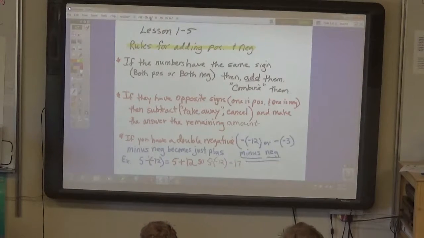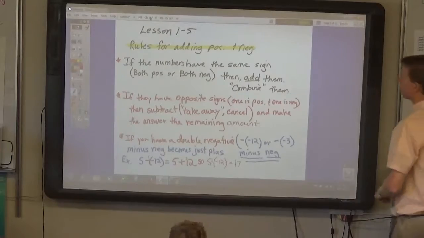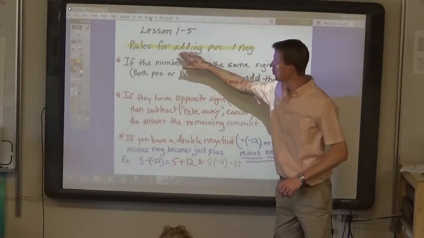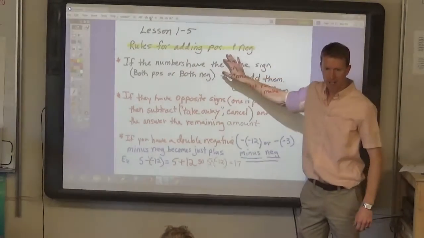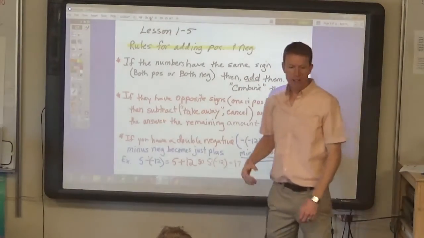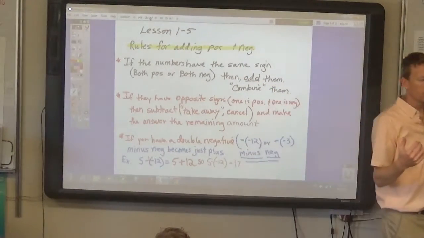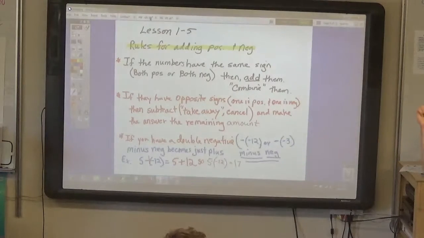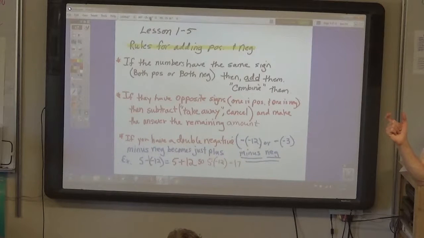So in lesson 1.5, 7th graders, it's all about the rules for adding positive and negative numbers, okay? And one of the things that is really helpful whenever you have a subtraction is to think of it as plus a negative.